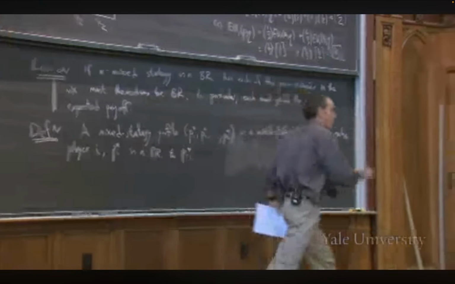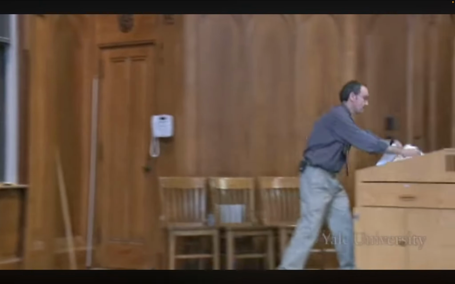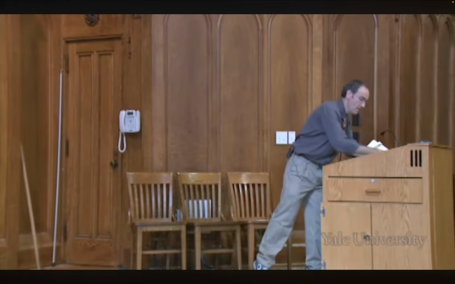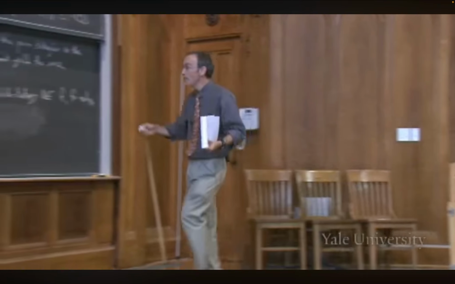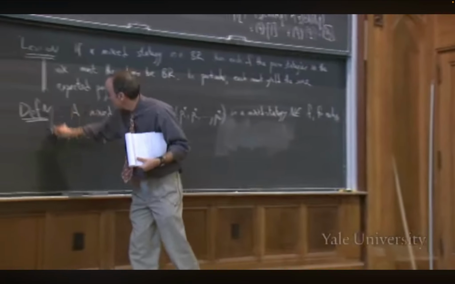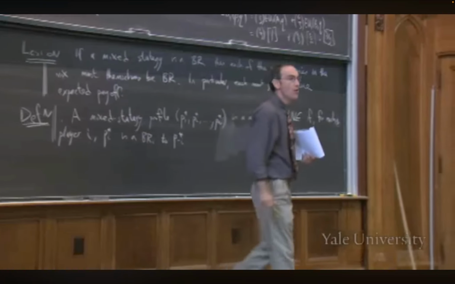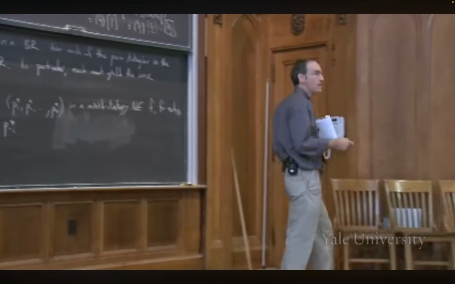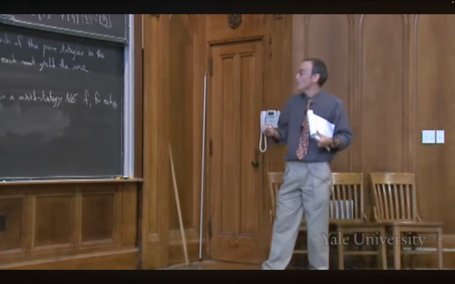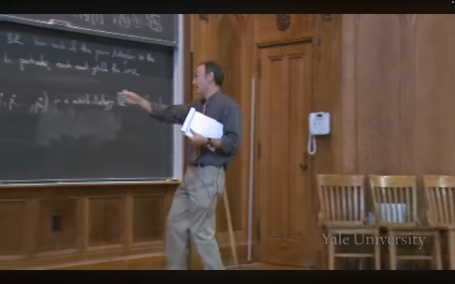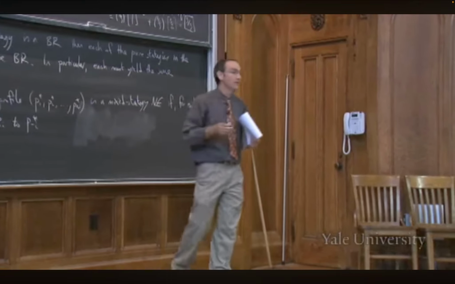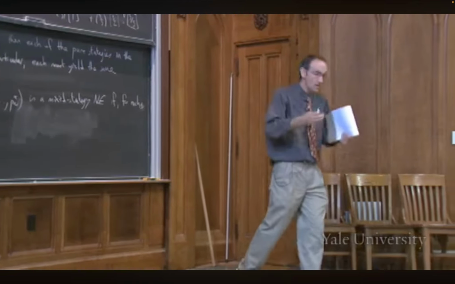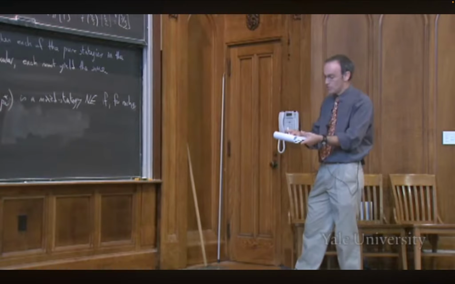Let me get some more chalk. All right? So this definition of Nash equilibrium is exactly the same as the definition we've been using now for several weeks, except everywhere where before we saw a pure strategy, which was an S, I've replaced it with a P. It's the same definition, except I'm using mixed strategies instead of pure strategies.